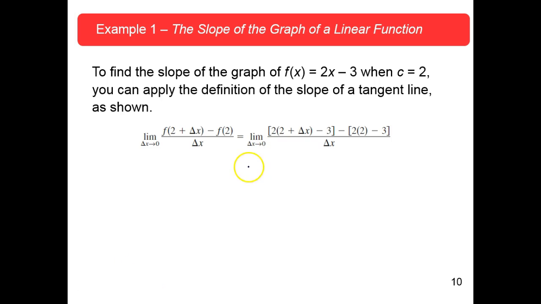So this would be the limit as delta x approaches 0. And what would this be?